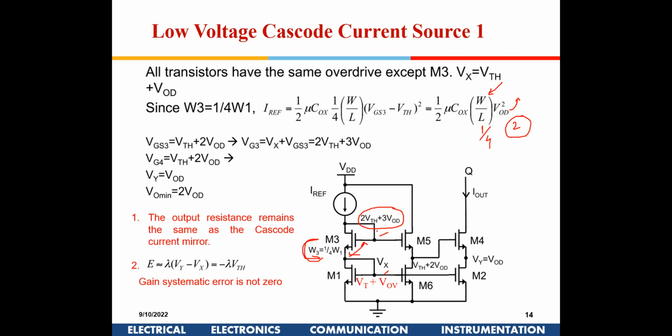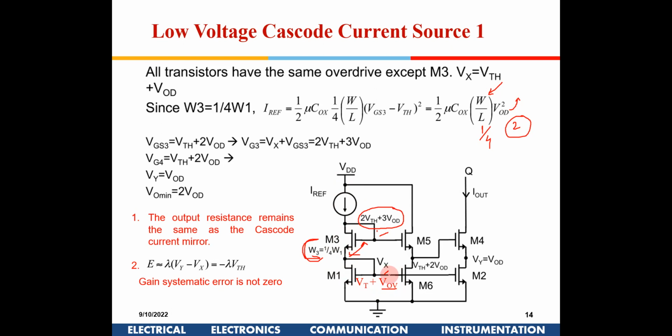Can you please repeat once? What is the voltage here at Vx? VT plus VOV. Is this much okay? Yes, sir. Because VGS will be the threshold voltage plus the VOV. VOV corresponds to that current. So for that current, how much overdrive voltage is required?